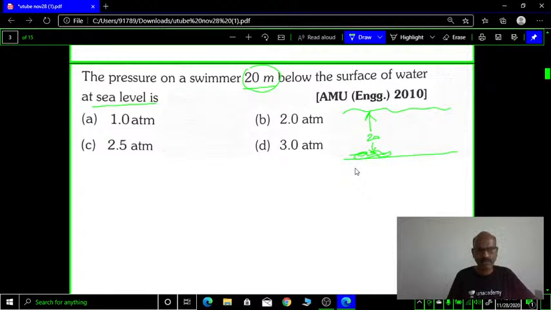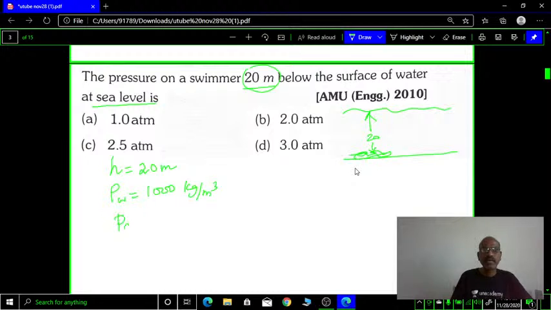Now height is given, the height of the liquid level or swimmer, 20 meter. What is the density of water? We know the constant value: density of water in SI unit is 1000 kg per meter cube. What is atmospheric pressure, P_A or P0?